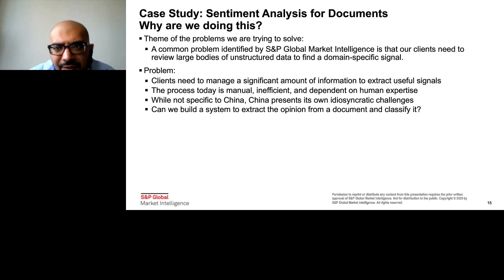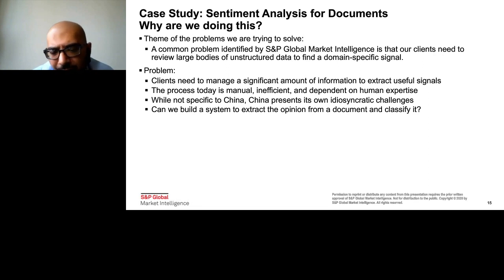Obviously, the language does present its own idiosyncratic challenges compared to the Latin-based languages. So the question here is, can we build a system to extract the opinion from the document, if it exists in the document, and classify it in an automated way so that our clients can immediately see the trends that are happening at the entity level, and they can attribute those changes to particular public disclosures that those entities have made.